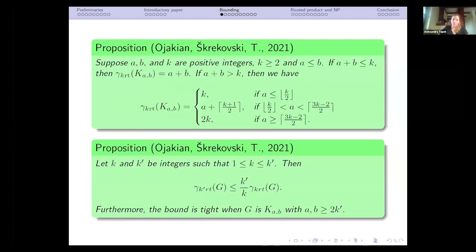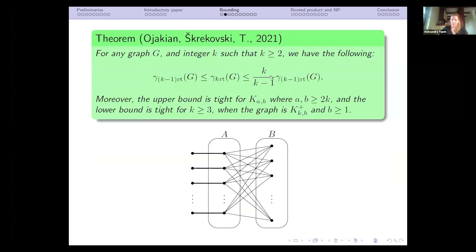From this proposition you saw before, take a look at this, and now you'll see that if these parameters differ only by one, then this bound can be derived. And the lower bound is also fairly easy to see. So we have here a full description of how the rainbow domination numbers compare when the parameter is increased by one.